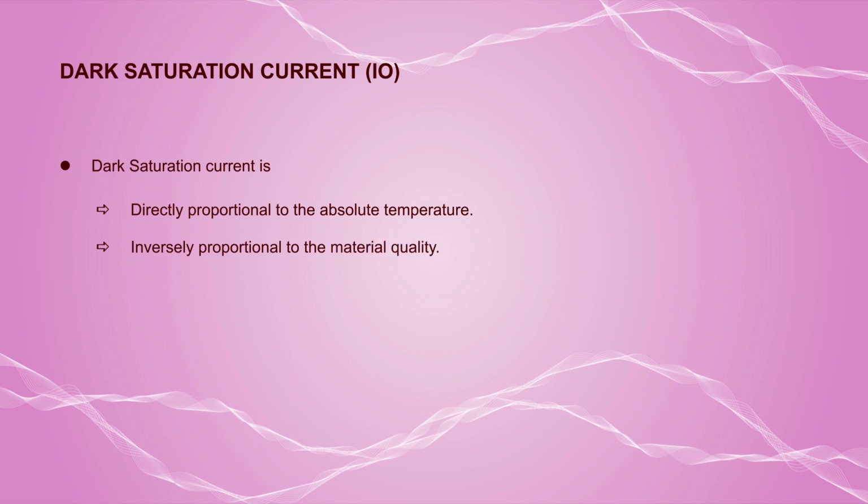The dark saturation current is directly proportional to the absolute temperature, and it is inversely proportional to the material quality. So, these are the two factors, absolute temperature and material quality, on which the dark saturation current depends. It means that when there is a change in temperature, as we have seen in the definition, this is the value of current in the dark condition, when light is not applied.